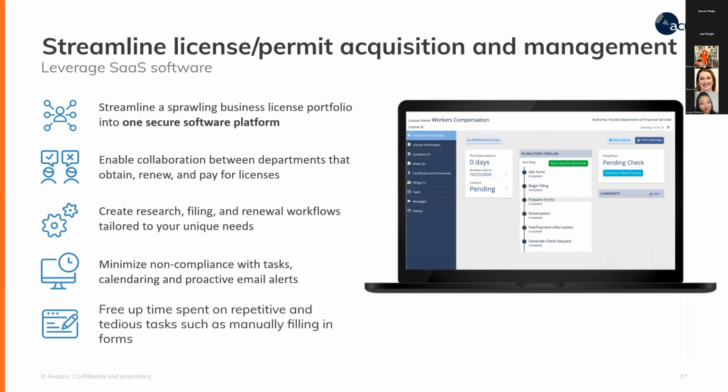So if you're dealing with lots of permits and licenses and that you have to manage those, most times when I am going through discovery, a lot of businesses are doing that in-house on whether it's Google or Excel sheets and really don't have a good process in place for tracking and really making sure they're being compliant and getting alerts when they need to update any types of licenses or permits. And this really helps streamline that process. It's one of the added services in our suites that we'd like to discuss with our customers as well.